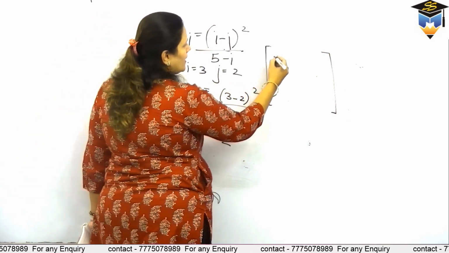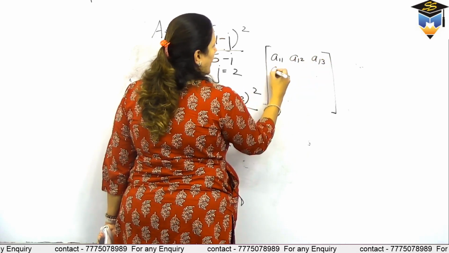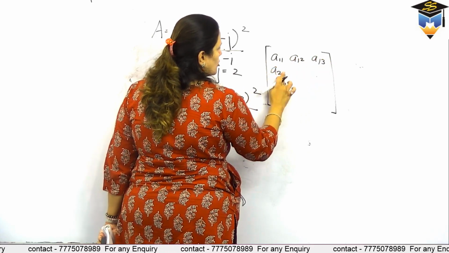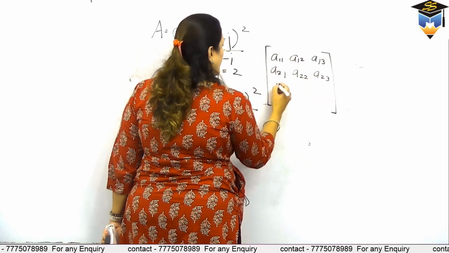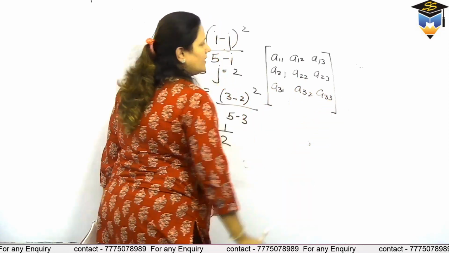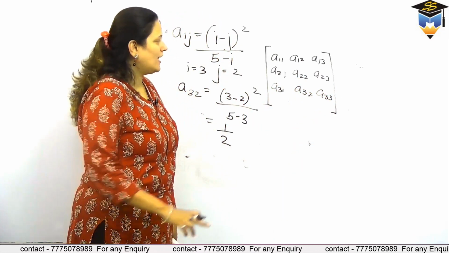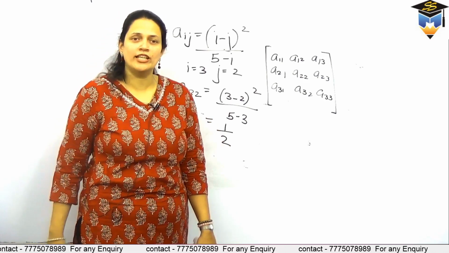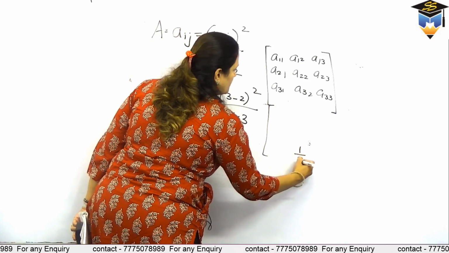You know, right? A11, A12, A13, A21, A22, A23, A31, A32, A33. These are going to be our elements. Okay, now it is A32. So what do we need to do? We have to substitute this value over here.